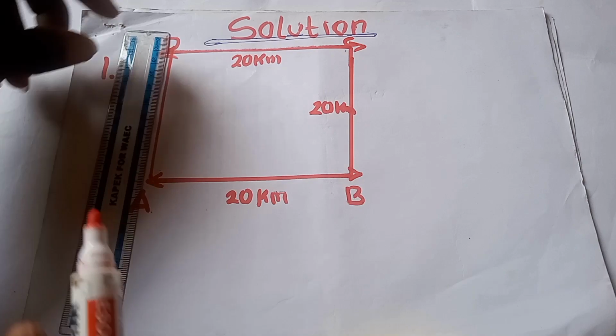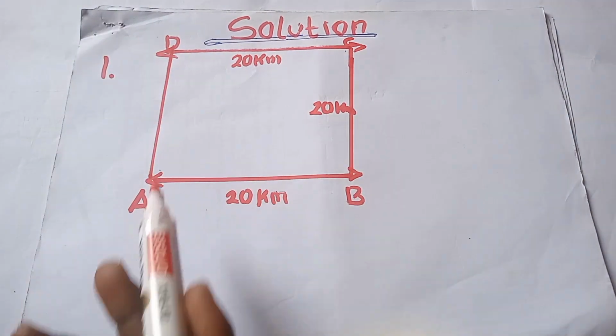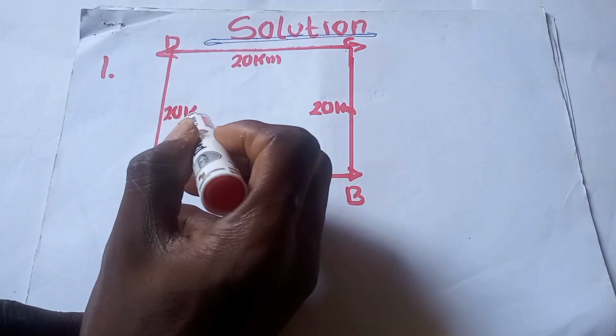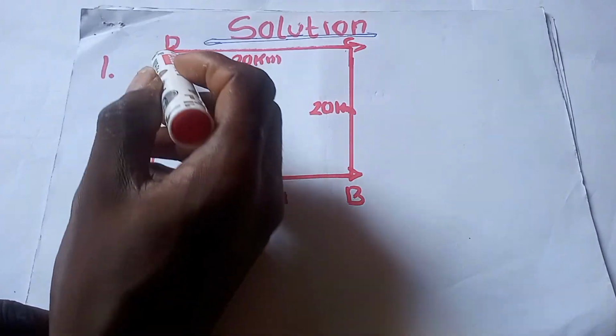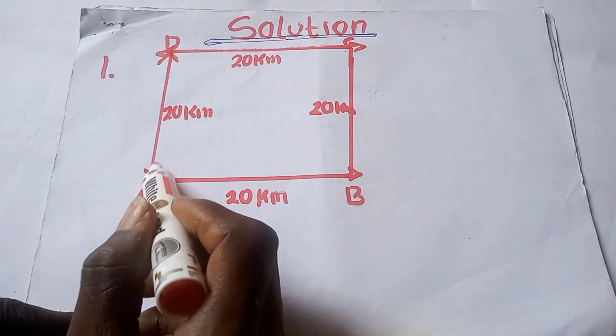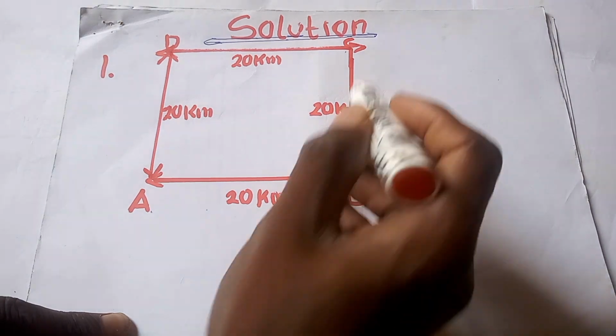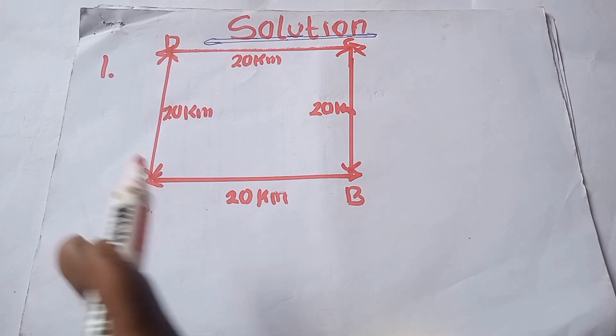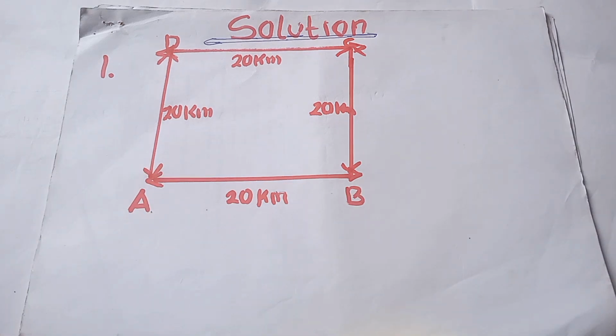Line BC. Therefore, this line will also be 20 kilometers. Let me put an arrow. So this line will also be 20 kilometers. Now, if you look at this shape, it represents which type of shape? This is a square shape.